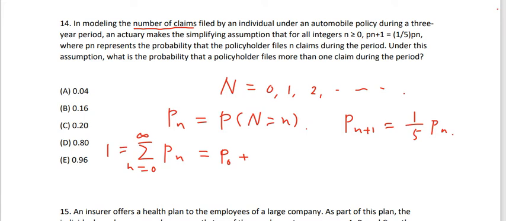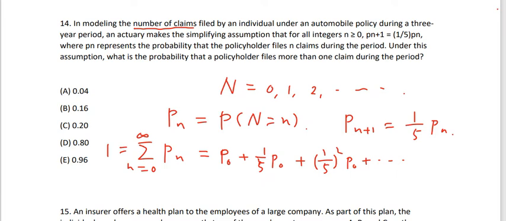So P1 equals 1/5 P0. And P2 is 1/5 P1, and then 1/5 squared P0. Right?